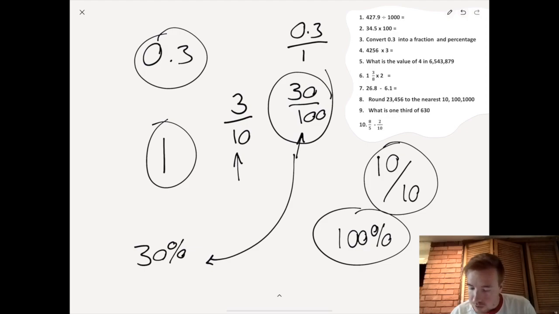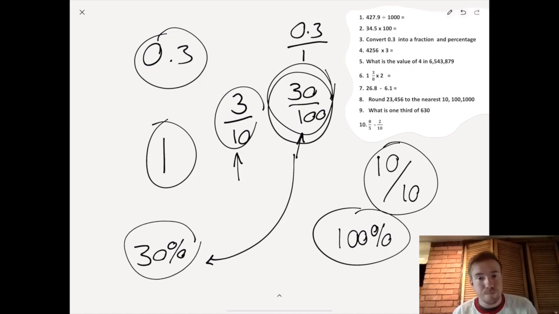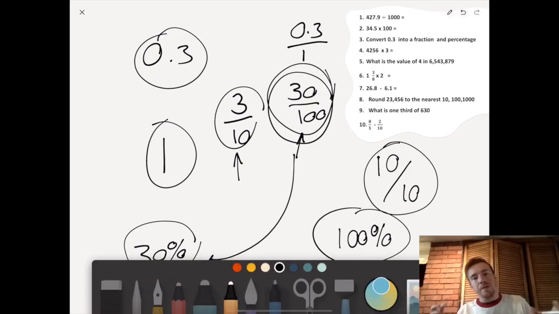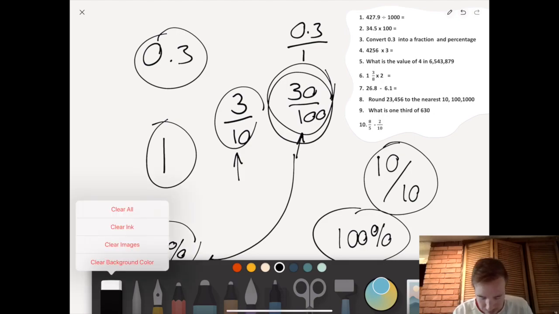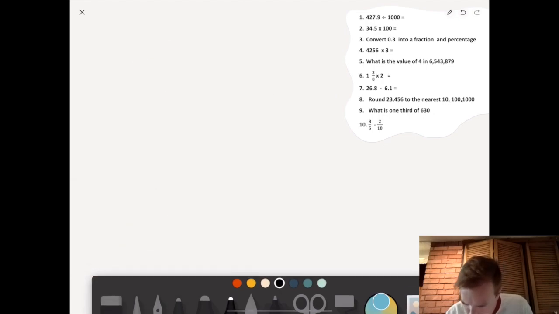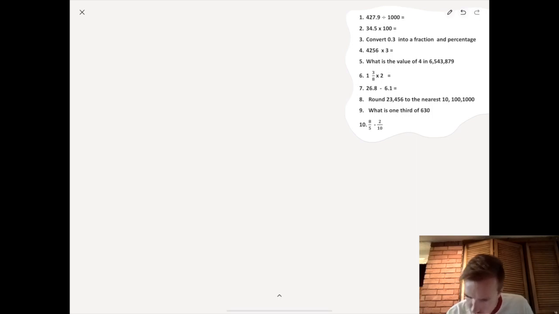So once converted into a fraction, you can either do 3 out of 10 or 30 out of 100, and then it wants it as a percentage, it's 30%. Okay? So it's all about understanding the correlation and link between fractions, decimals, and percentages, being able to convert between. Okay, 0.3 is a nice easy one to give you on that one. I think they give you a hard one later on. No, they don't. Okay.